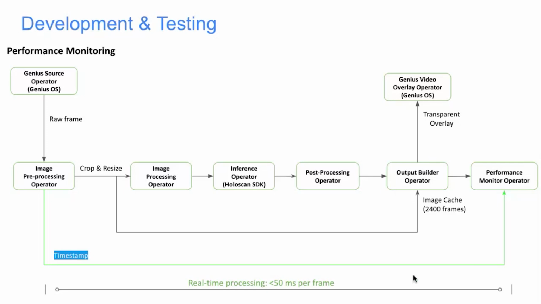Overall, this helps us not just monitor that our pipeline is healthy, but it also mitigates the risk for the clinicians. If they see that the AI is lagging or something is wrong with the system, they can quickly shut it off.